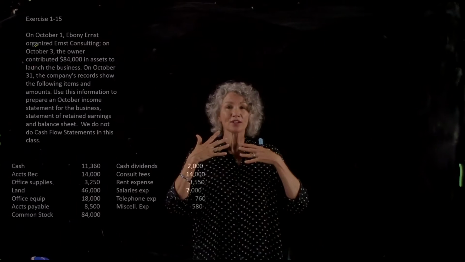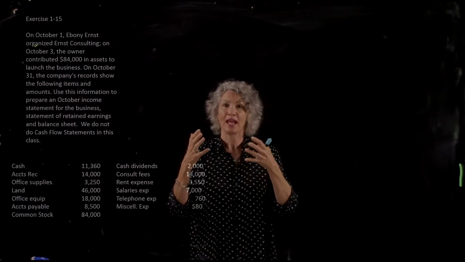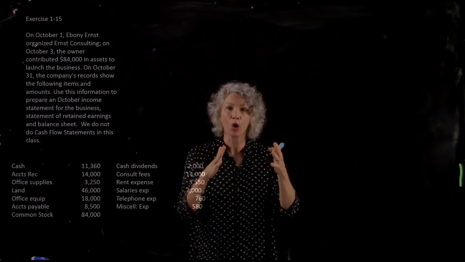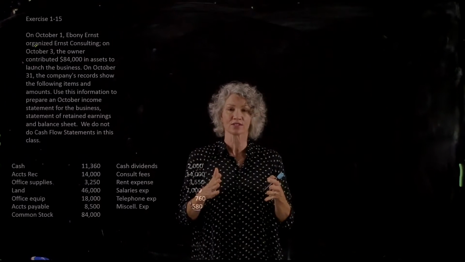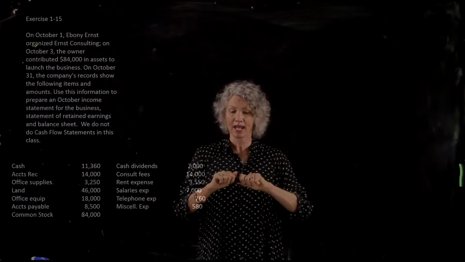But because we want to be able to do an income statement, we don't just increase equity for revenue and decrease equity for expenses. We actually give them their own revenue and expense accounts. So always start with the income statement, okay?